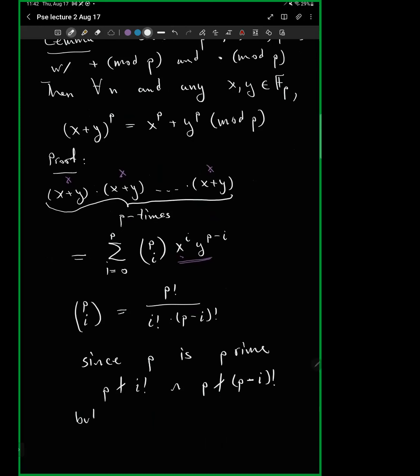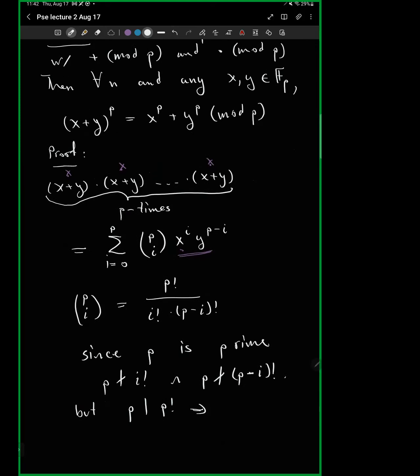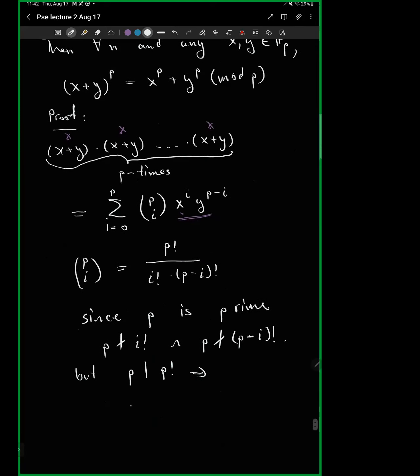But p does divide p factorial. And what I get is that as a result, p must divide this expression, p choose i.